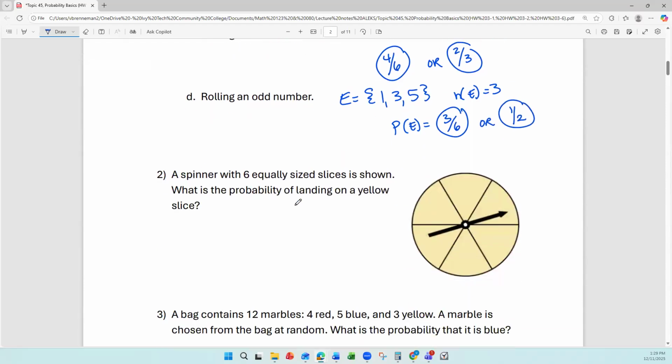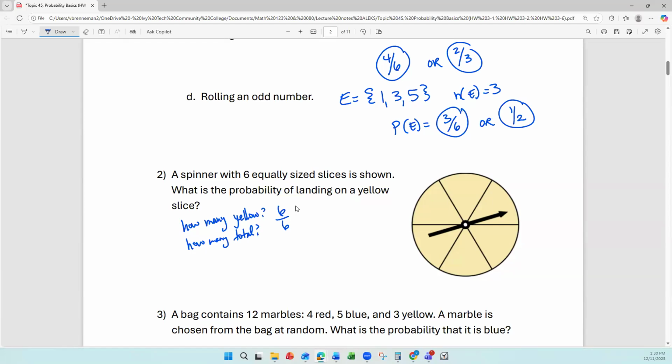Number 2, there's a spinner with 6 equally sized slices shown. So when it's spun, it's equally likely to land on any of those 6 slices. And all of those slices are colored yellow. The probability of landing on a yellow slice then is how many yellow out of how many total. And that's 6/6.